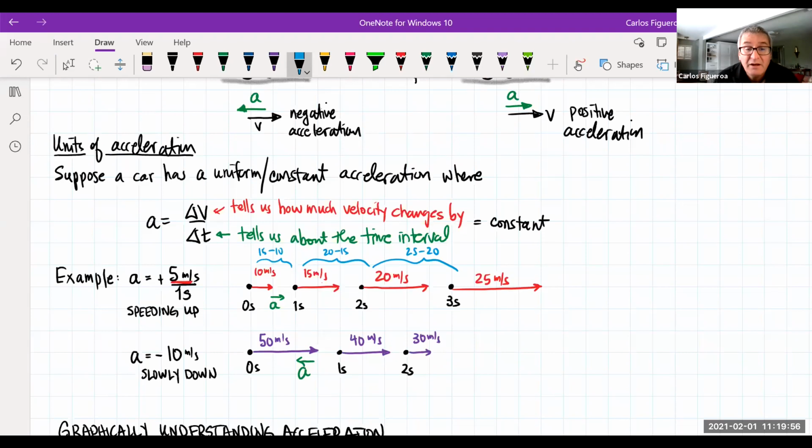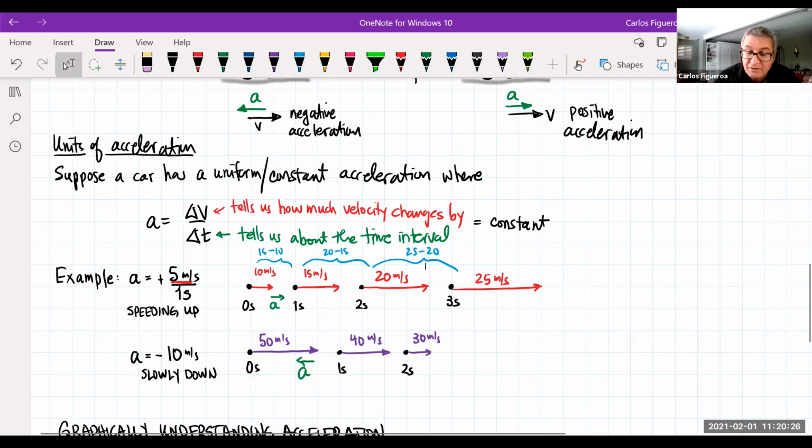That is an acceleration. See that this acceleration is 10 meters per second. So the magnitude of this acceleration when I'm slowing down here is larger.